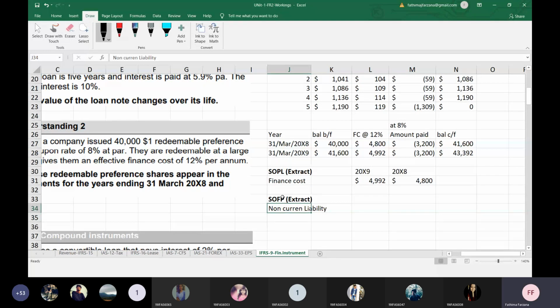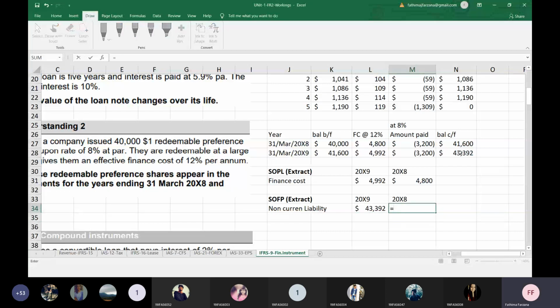So what is the non-current liability here in 2009? 43,392.